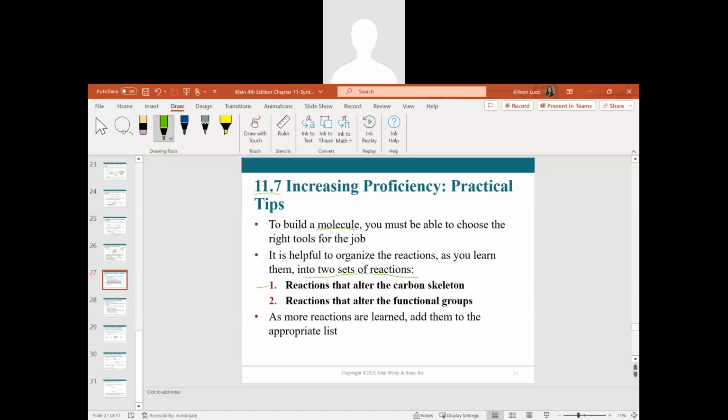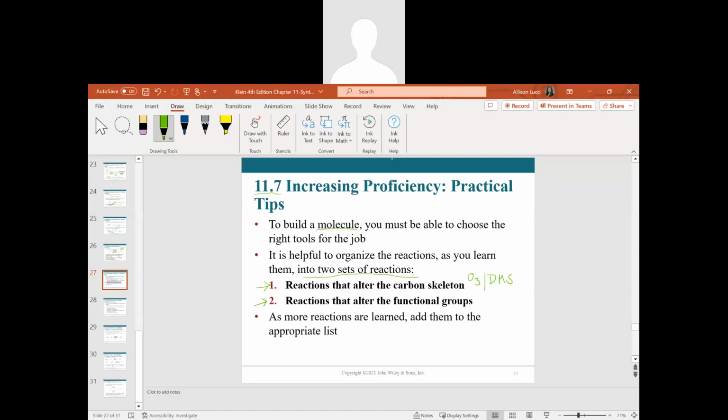We could look at all the reactions that alter the carbon skeleton, so things that form new carbon-carbon bonds, such as with the alkynides. So we lengthen our carbon chain. And then we could also look at shortening the carbon chain. That would be in that category as well. So things like ozonolysis and DMS. So ozone with DMS could also alter the carbon skeleton.